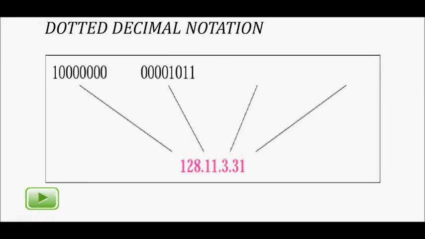This is 11: 2 to the power of 0 plus 2 to the power of 1, plus 0 times 2 squared, plus 2 cubed. So 8 plus 2 plus 1, which is 11. So this next byte is representing 11.